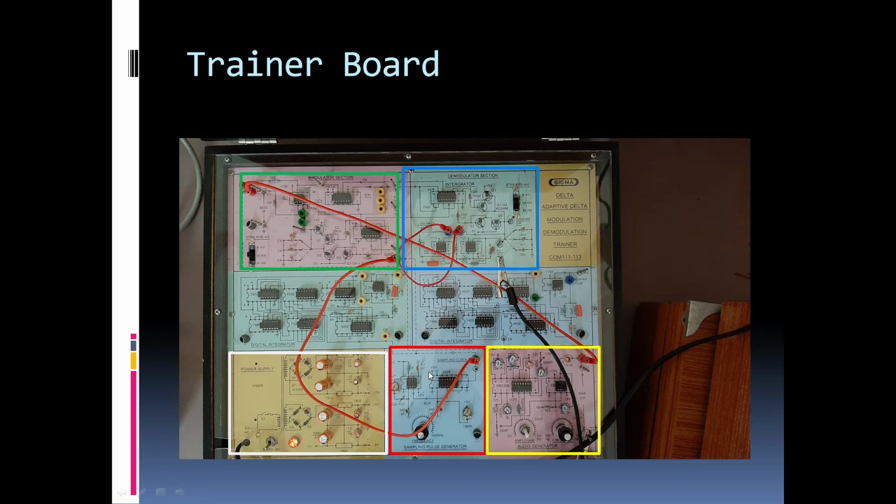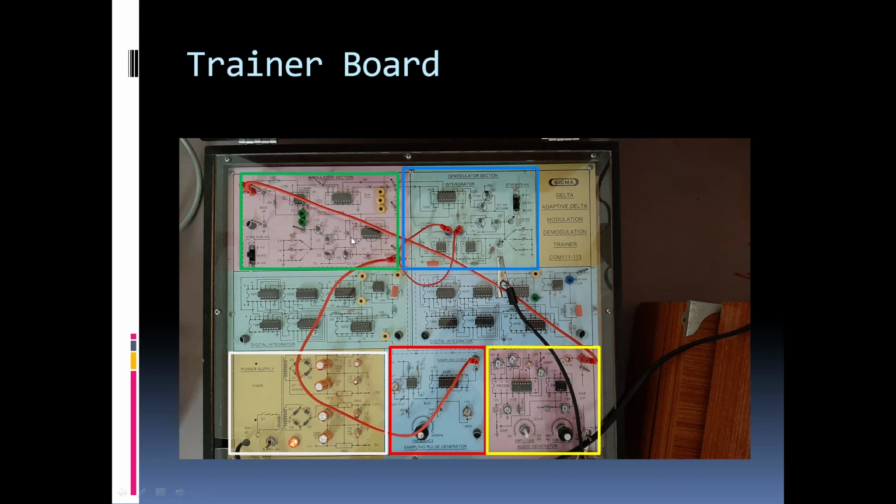The step size for the staircase signal can be adjusted to one of three values, 8 millivolt, 14 millivolt and 34 millivolt, by using this switch. The switch position should be identical while performing the experiment.